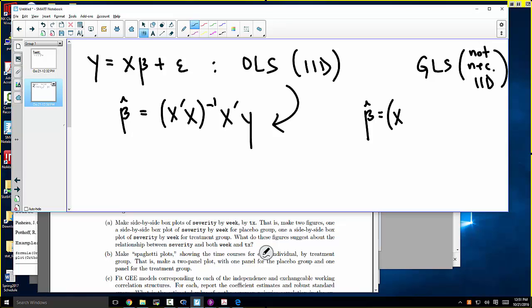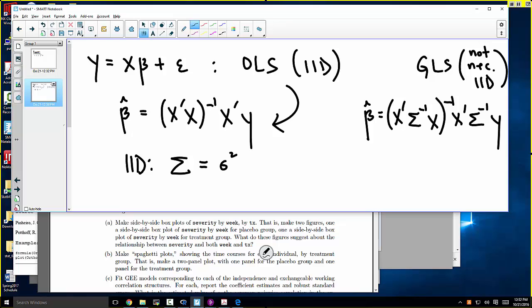It's X transpose sigma inverse X, inverse, X transpose sigma inverse Y. When we have IID residuals, IID means that the covariance matrix of the residuals just equals a scalar times the identity matrix.